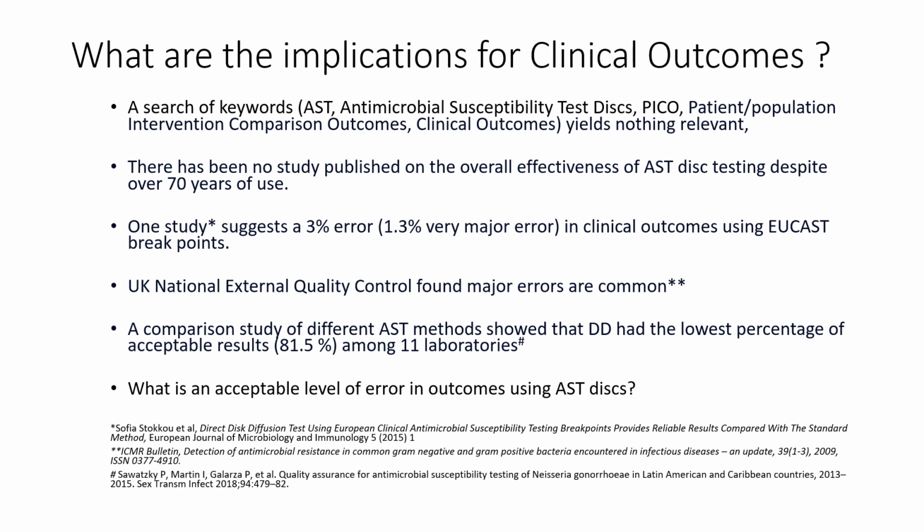There was another study carried out which found that major errors are common, and there was a comparative study done using different AST methods, and it found that disc diffusion had the lowest acceptable results at just over 81% amongst 11 laboratories.